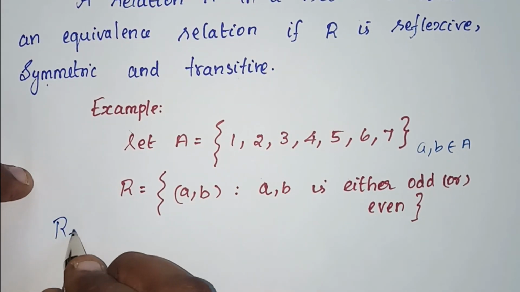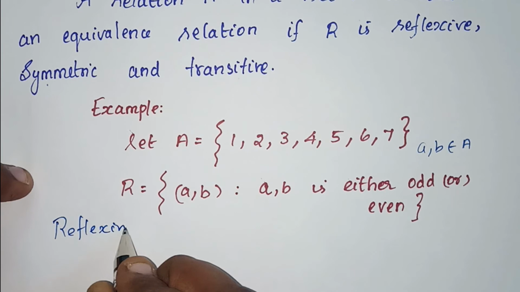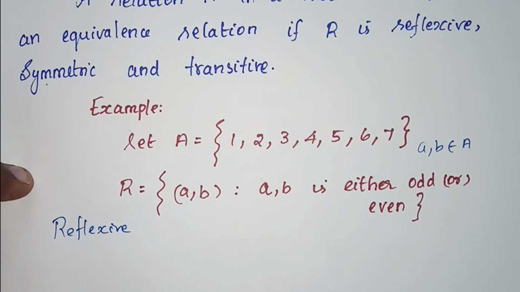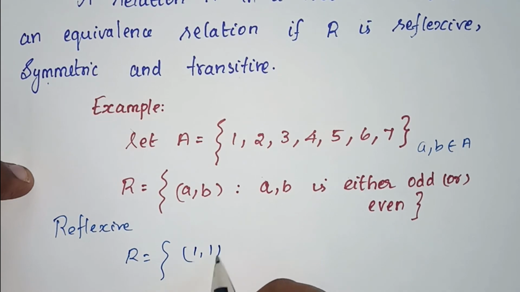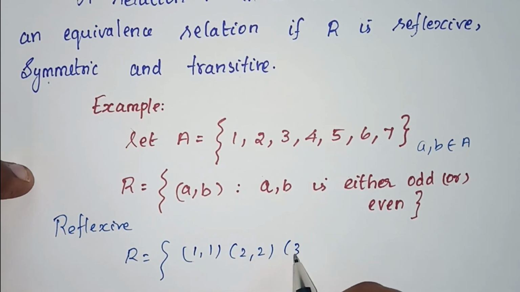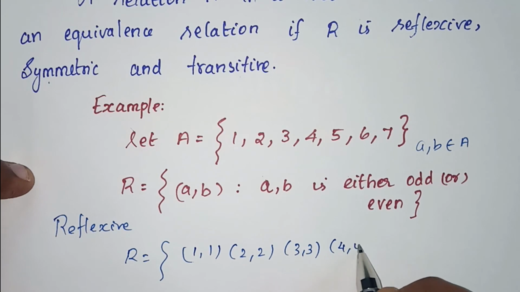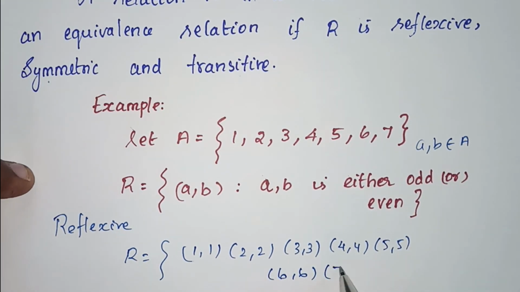So first, reflexive. Reflexive means A and A belong to the relation. So the relation is 1 comma 1, 2 comma 2, 3 comma 3, 4 comma 4, 5 comma 5, 6 comma 6 and 7 comma 7. So this is a reflexive relation.